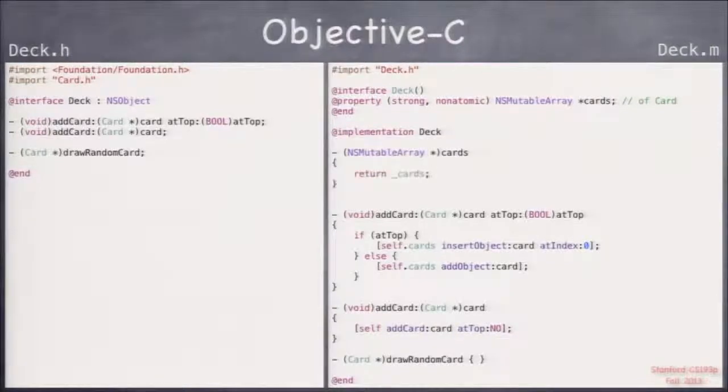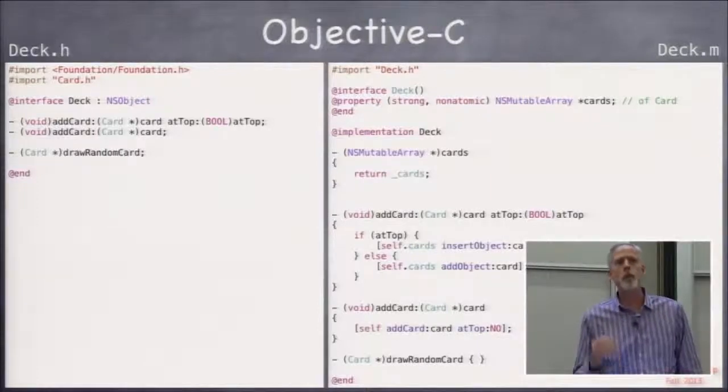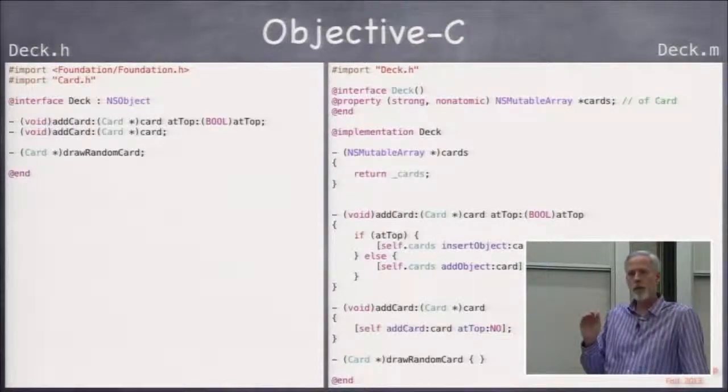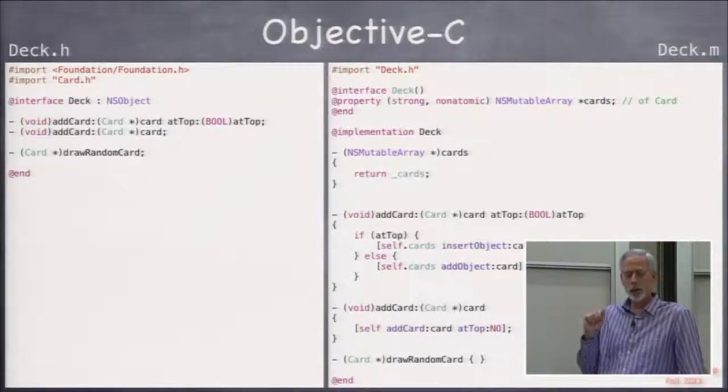And there's a problem, though. In this addCard, if we created a deck and then called addCard, it would not work. It would do nothing. Why would it do nothing? Because the property cards, self.cards is how we're accessing our own property. Its getter looks like that by default. If we don't give a getter, that's what the getter looks like.